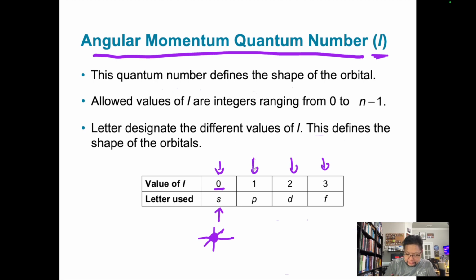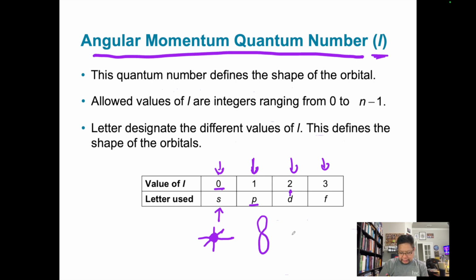If L is equal to 1, that's going to be the p orbitals. The p orbitals are usually these things that look like hourglasses. I'll have better pictures of these later, but they can be on any axis: the x-axis, the y-axis, or the z-axis. Then we have the d orbitals, which have an L quantum number of 2.